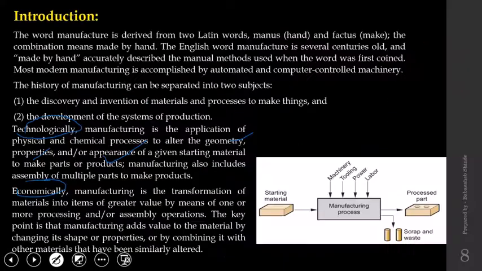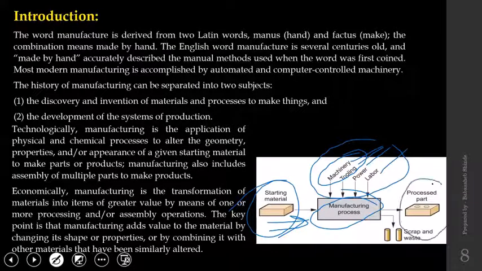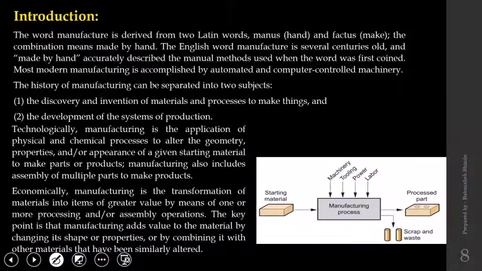So from here, I have taken some material. This is the manufacturing process. The things would be like machinery, tooling, power, labor, all these are the parts of that manufacturing system. And on the other end, I will get the product. And if I compare the usefulness of this raw material with the product, obviously its usefulness is going to be increased to a large extent. Okay, so that is the importance of manufacturing.